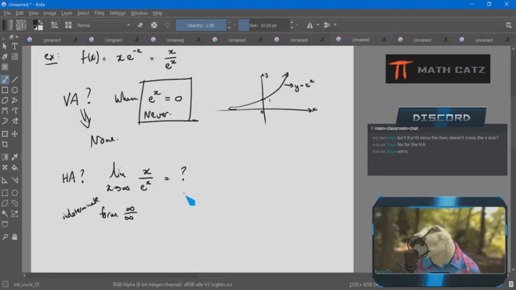I'm asking a long-term question. The fact that I have a y-intercept of 0 doesn't say what's happening long-term. And sometimes these pieces are going to change, right? It's not always going to be an x. It's not always going to be an e to the x.